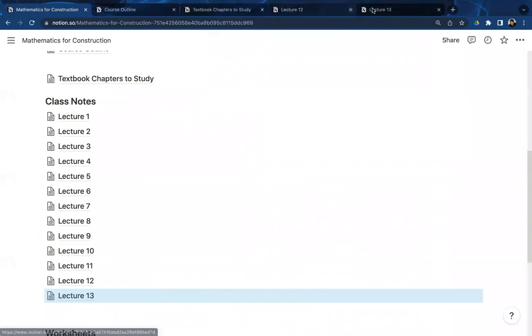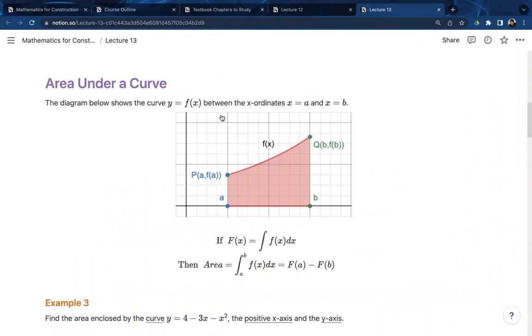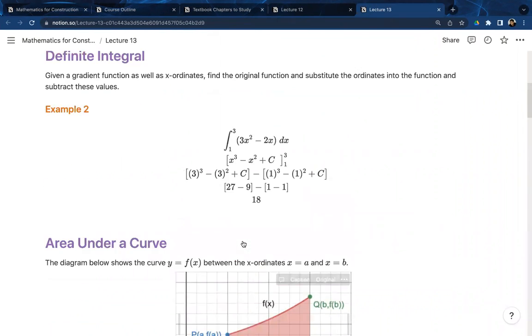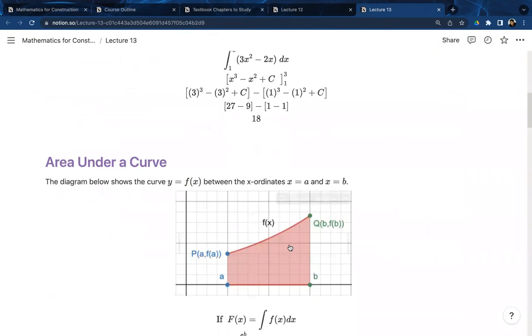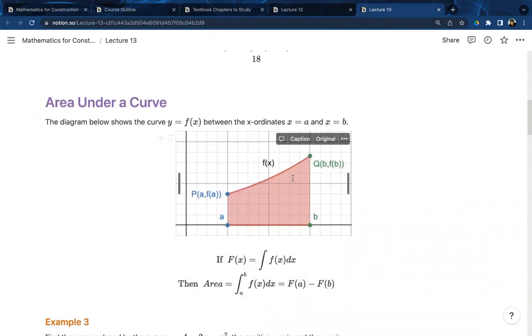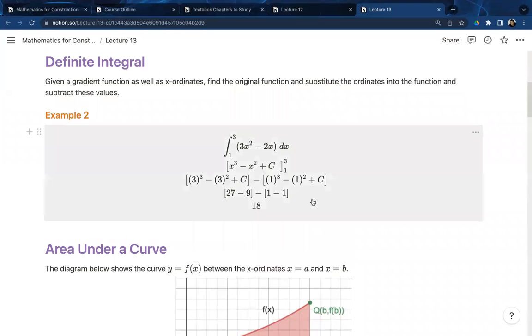Integration really is you're given a gradient function f of x and you want to find capital F of x, which is the original function. When you don't have limits, you're just integrating here. That's called an indefinite integral. When you have ordinates, or as we call limits, you just substitute into the final expression. Is the upper ordinate substituted minus the lower ordinate substituted.